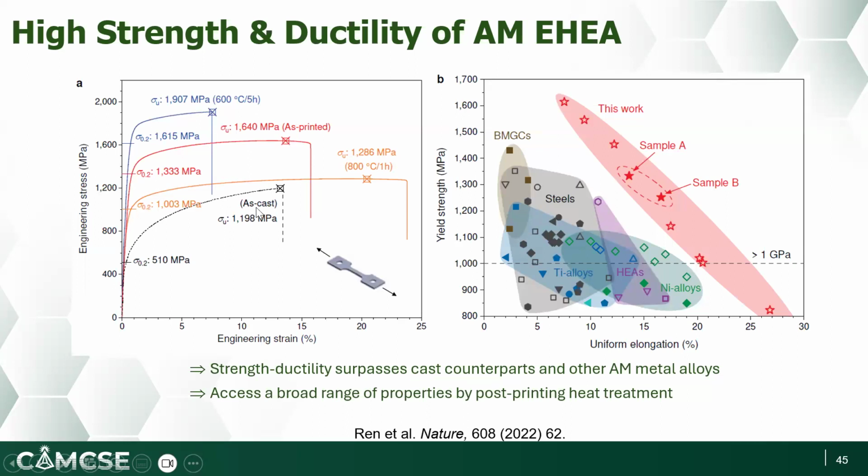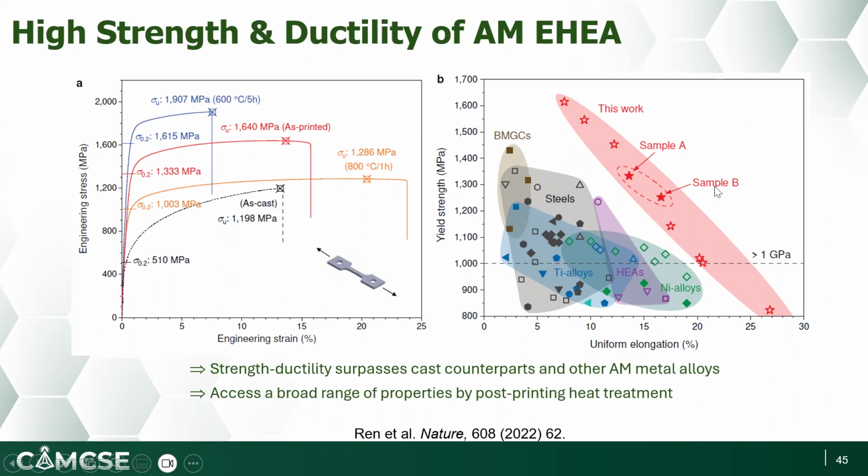In addition, by applying post-heat treatment, such as annealing at 600 degrees C for 5 hours, we can achieve a very high ultimate tensile strength, about 2 gigapascal, with still very large uniform elongation above 7%. And by annealing at 800 degrees C for 1 hour, we can still maintain a high yield strength above 1 gigapascal with much higher uniform elongation, almost above 20%.